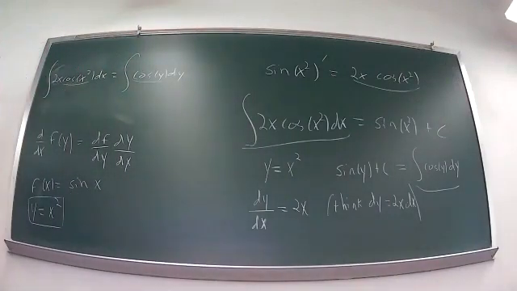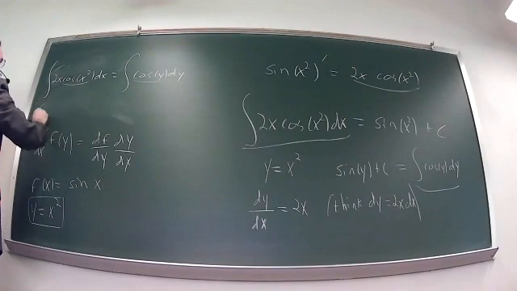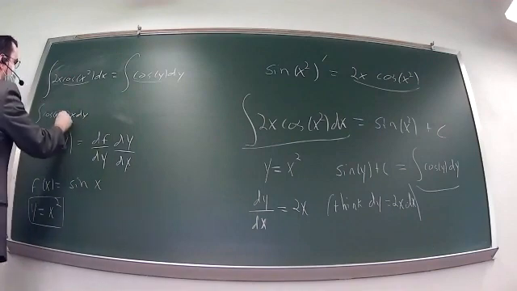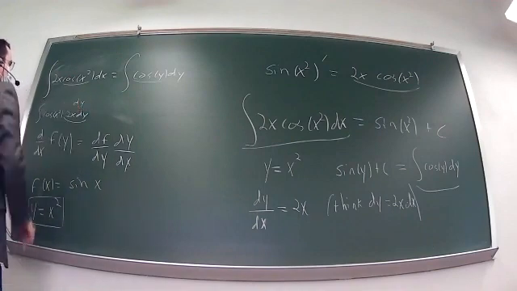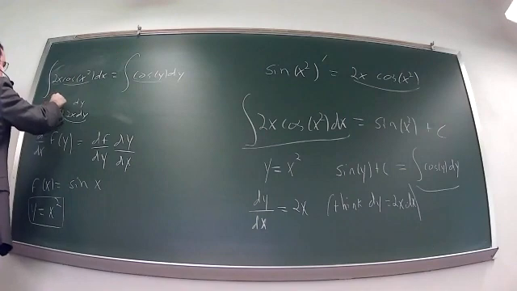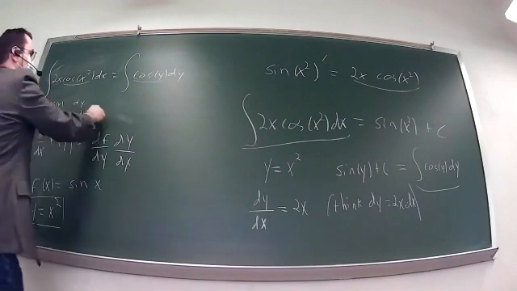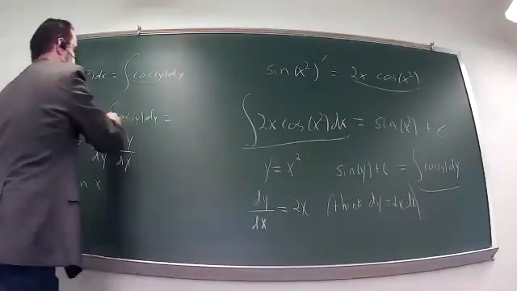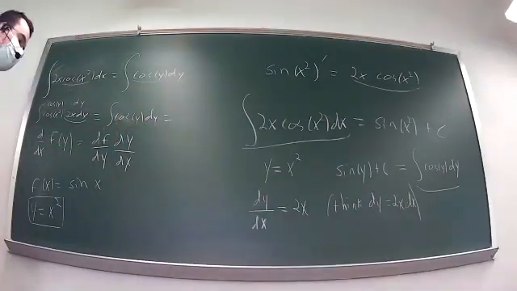And if you think that way, what you see here is that if you rewrite this as cosine x squared times 2x dx, then this part will become dy, and this part will become cosine y. And you'll see it's just equal to cosine y dy. And this thing you can quickly find an antiderivative of.